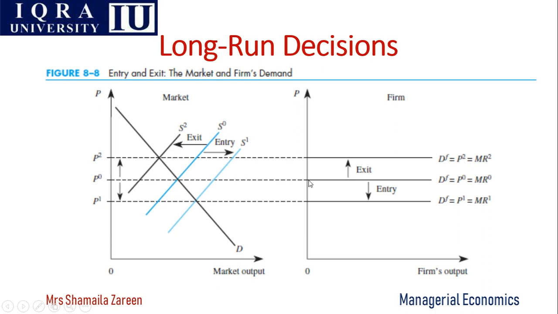The process just described continues until ultimately the market price is such that all firms in the market earn zero economic profits.